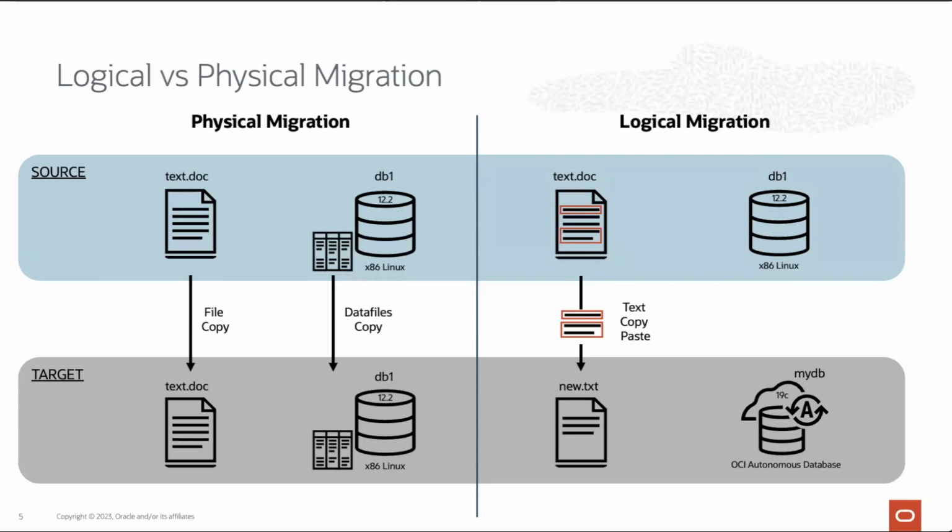We don't have root access to the operating system. So the way we need to migrate our database, remember the example with the text document, we have to extract the data and then load the data into the Autonomous Database. So this is a logical migration. Every time we need to extract the data and we load the data, again, in a different database, we're talking about a logical migration.